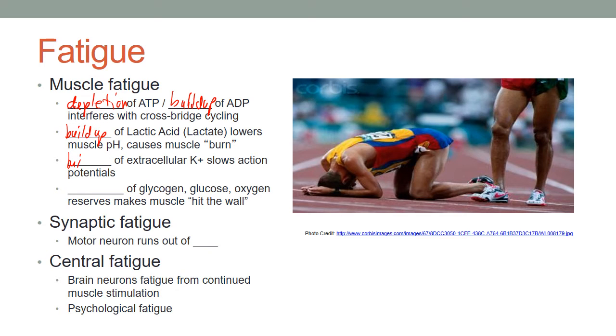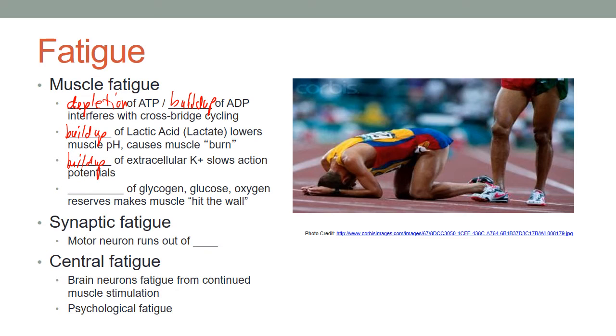Also, we'll learn more about this in the nervous system chapter, but an action potential involves moving potassium from the inside of your cell to the outside of your cell. And if too much potassium builds up outside your cell, then that slows down those action potentials and you're not able to cause your muscle to contract anymore.